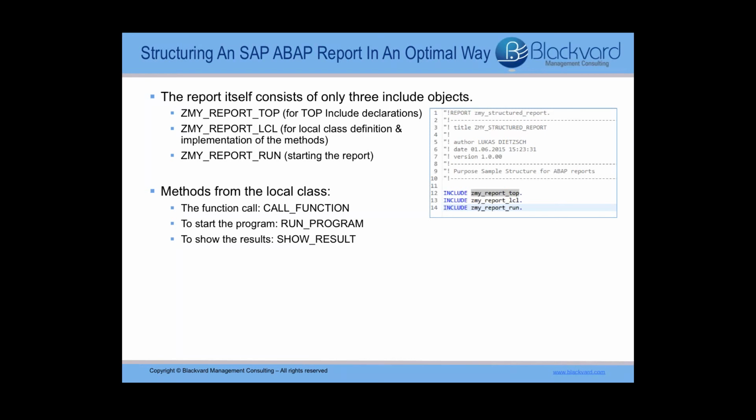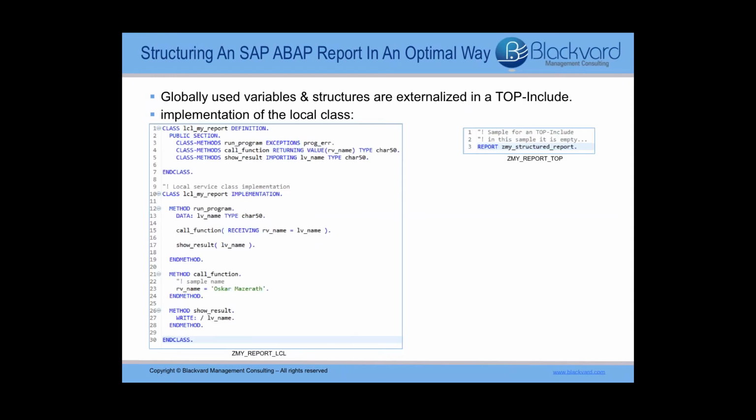The local class LCL will just contain three methods: the call function, the run program, and for the output, show result. These 3 methods are contained in the LCL class, and there you see the classes. First, globally used variables and structures we will externalize into one top include.